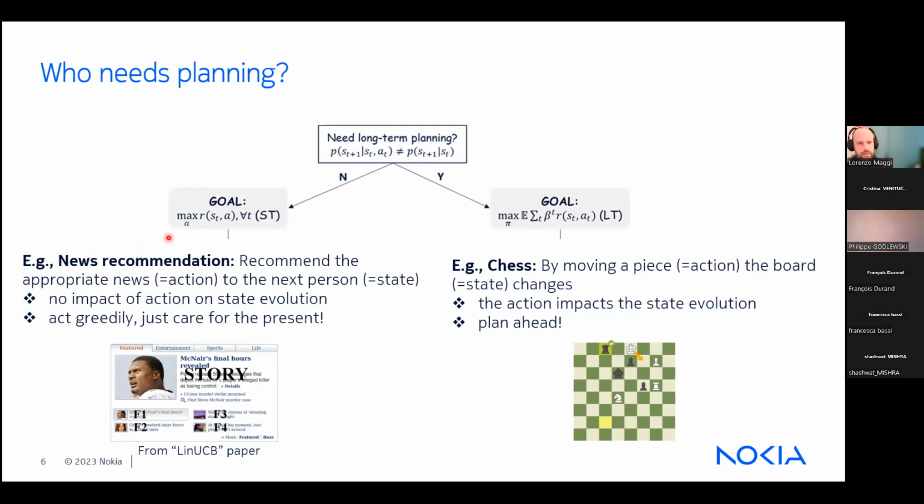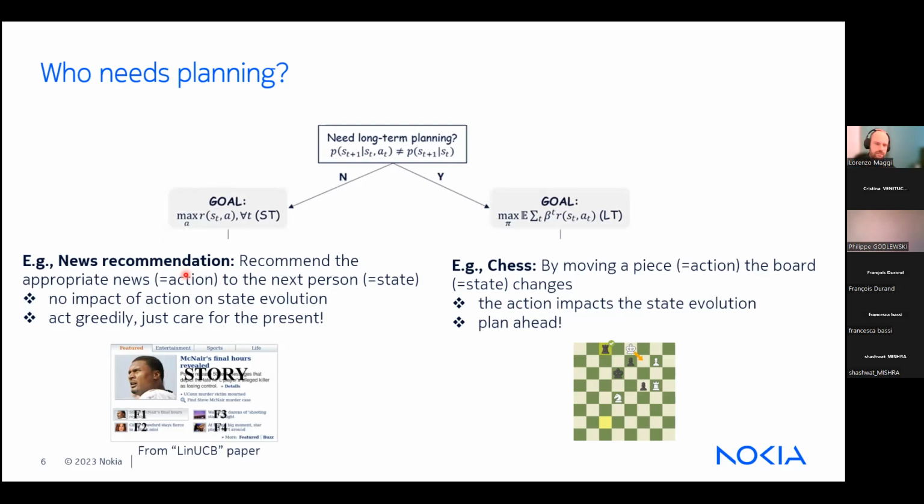The first one is news recommendation or ad recommendation, but I like the news better somehow. So here the action is the news that you recommend to the next person, and the person is the state.